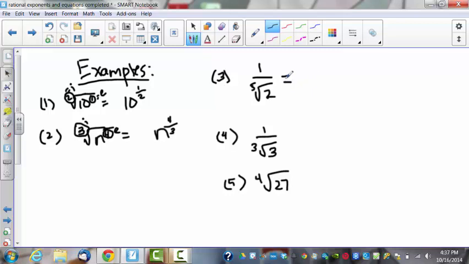Okay, so let's go ahead and keep the fraction as it is, but we're going to take the denominator, and remember that the exponent here is a 1, and the index is a 5, so we're going to write it as 2 to the 1/5.